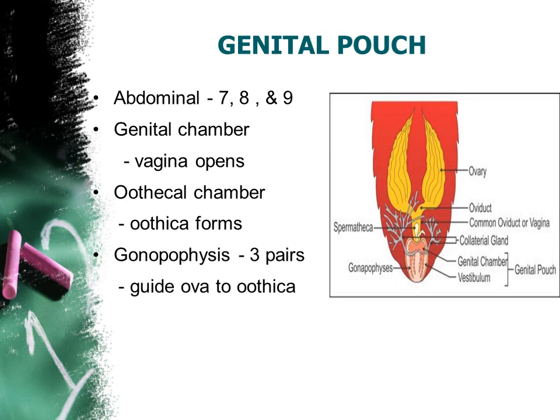So now the ovum has reached this genital chamber. Meanwhile, the spermatheca consists of sperm cells. Can you watch the spermatheca? Spermatheca, what do you mean? That is where the sperm cells are stored which are received from the male cockroach. Okay. So from the spermatheca, the sperm will come towards the genital chamber again, where fertilization takes place.